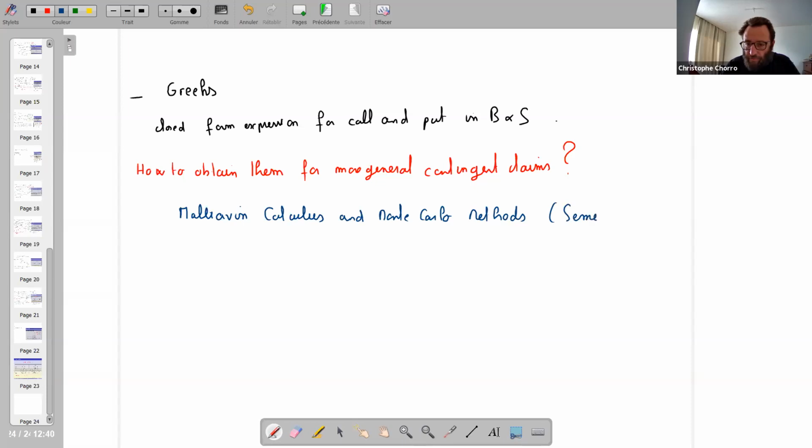I will propose some tools to compute the Greeks in an efficient way, not necessarily in the Black-Scholes model, but also for more general models, to overcome the problem of the double approximation.